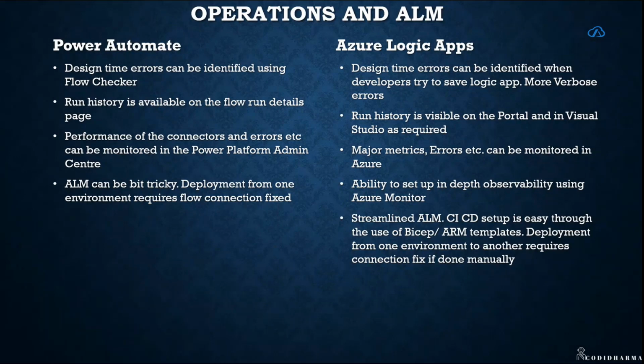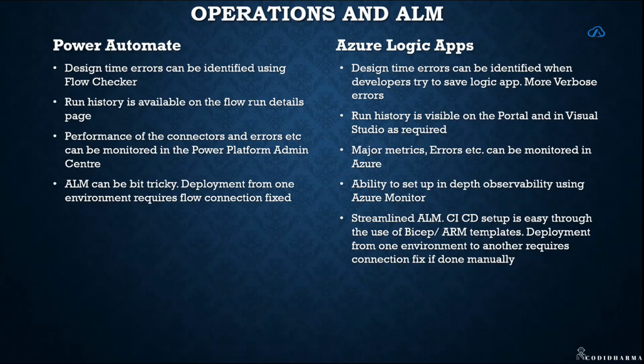Now, the place where Azure Logic Apps is more mature at this point in time is that it has a very streamlined application lifecycle management. So we can implement a CI/CD setup in a very easy way through the use of Bicep and ARM templates, and we can source control the code inside the Azure Logic App, and we can set up the CI/CD accordingly, right?